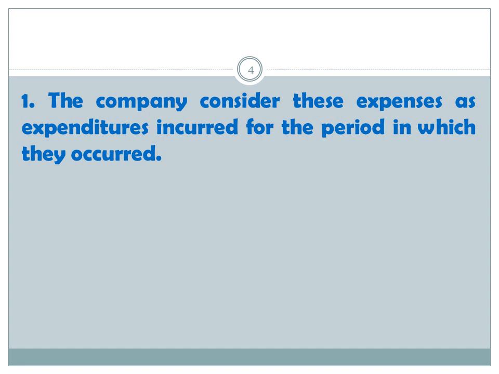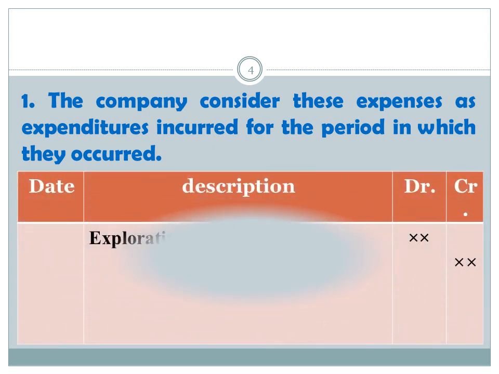So the company treats this type of expense as a current expense. The entry in this case will be exploration expenses, considered a current expense, in the debit side. This amount is paid in cash, so cash will be in the credit side.